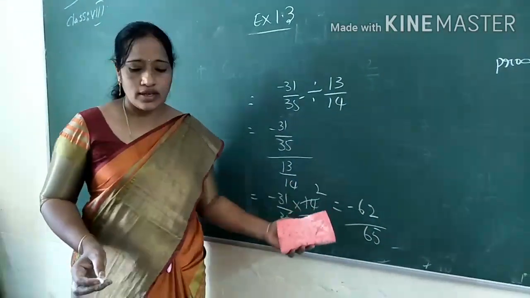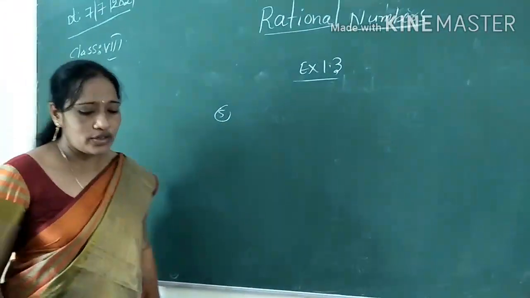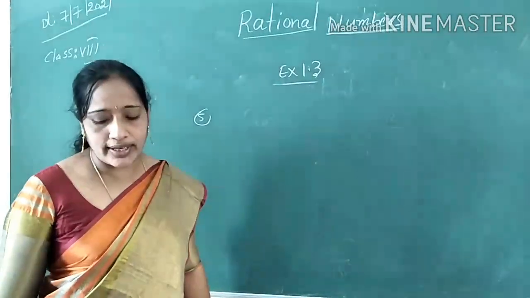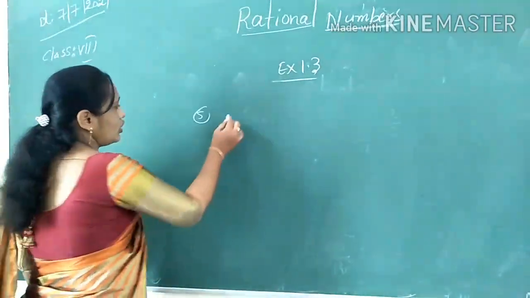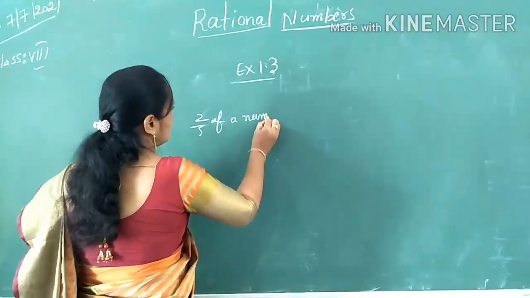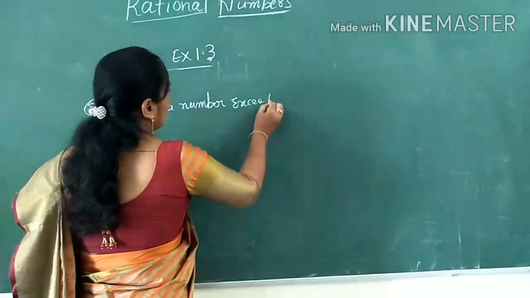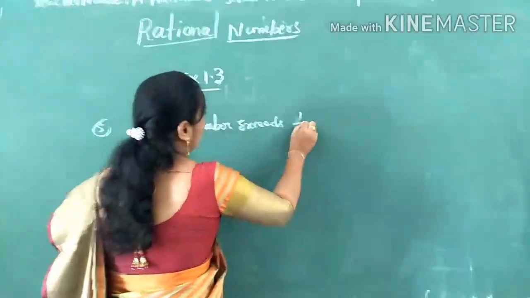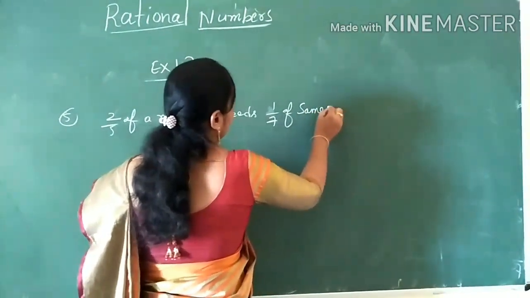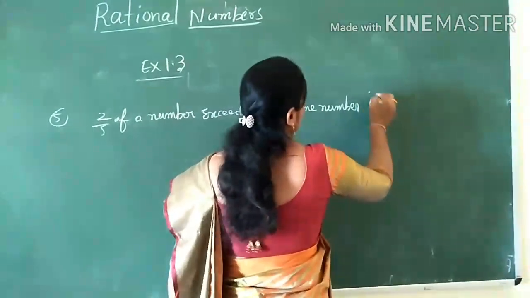Students understood? Next one. Here, 2 by 5 of a number x exceeds 1 by 7 of the same number by 36. What is it? 2 by 5 of a number x, and 1 by 7 of the same number, the difference is 36.